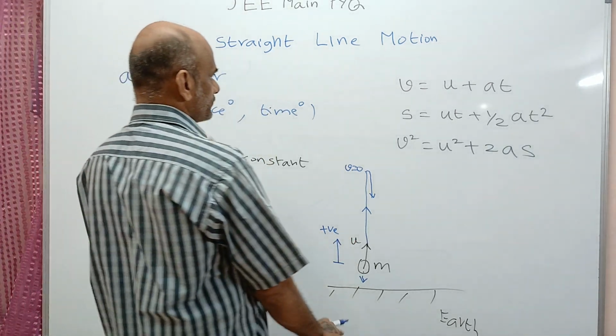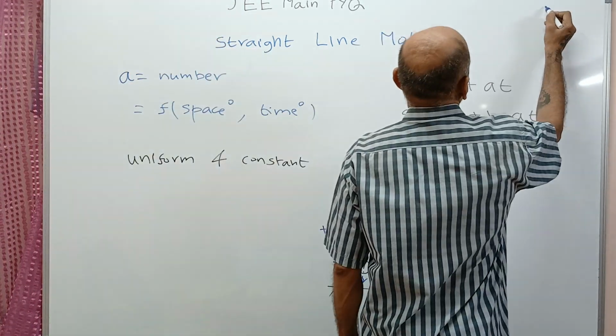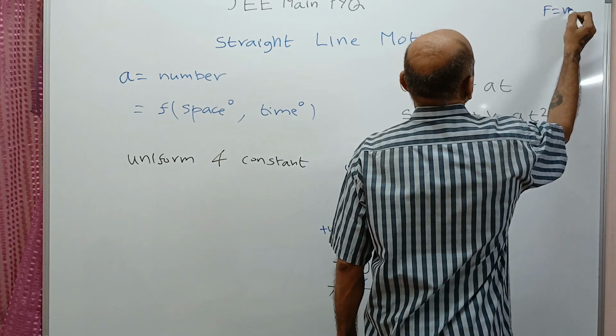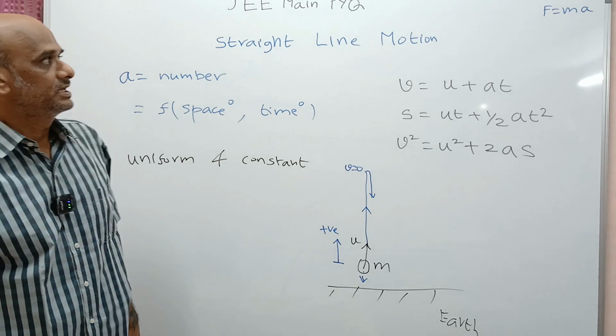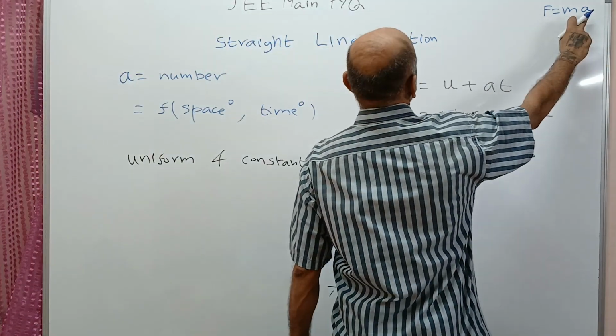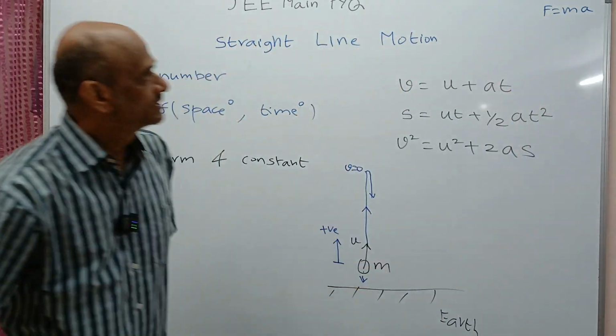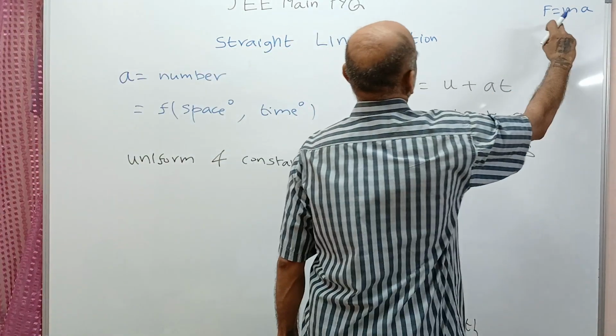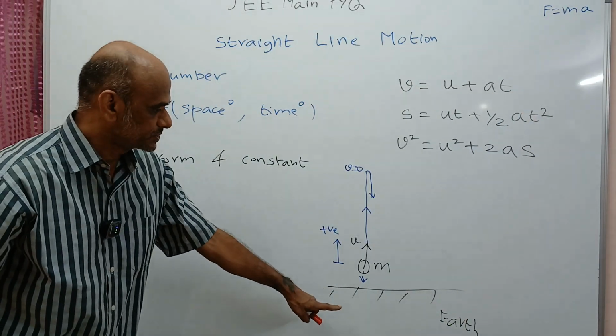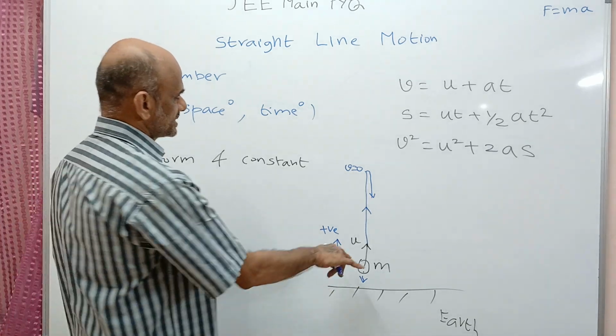And acceleration is the same as force, because by Newton's second law, force is mass into acceleration. Mass is fixed. So force is nothing but acceleration, except for a factor of mass. So to know the direction of acceleration, you have to know the direction of force. Here the gravity force between the Earth and the mass is downwards. So acceleration is downwards.